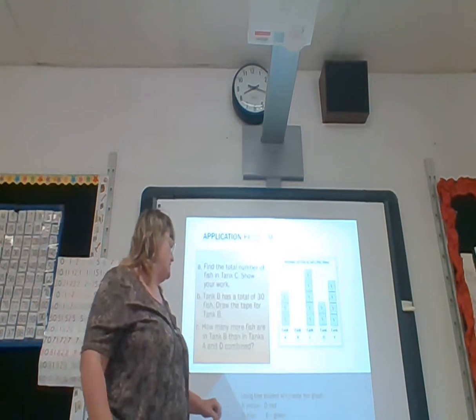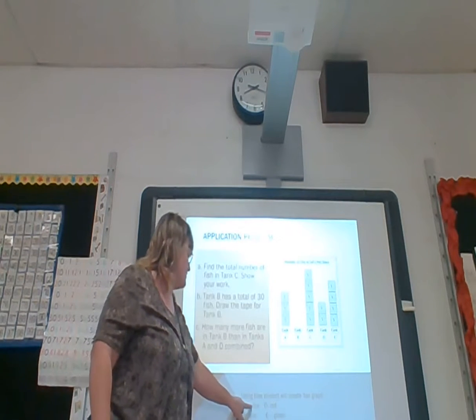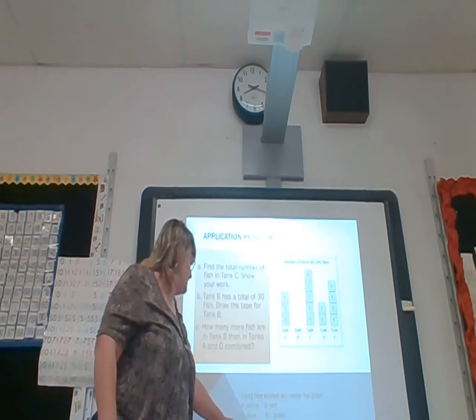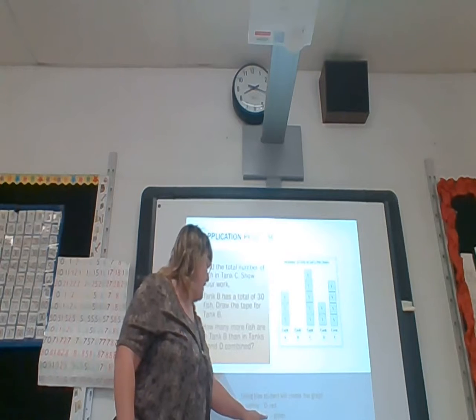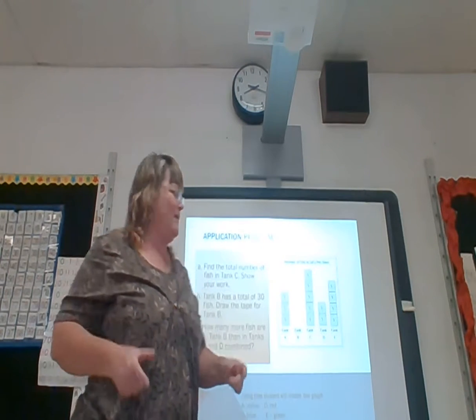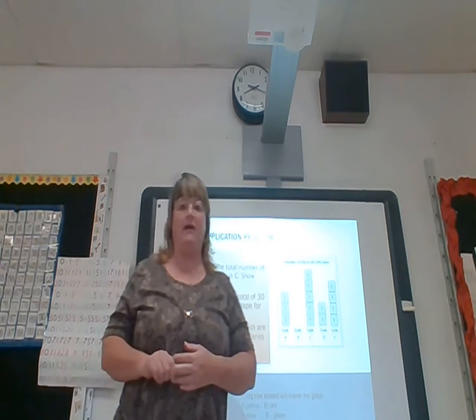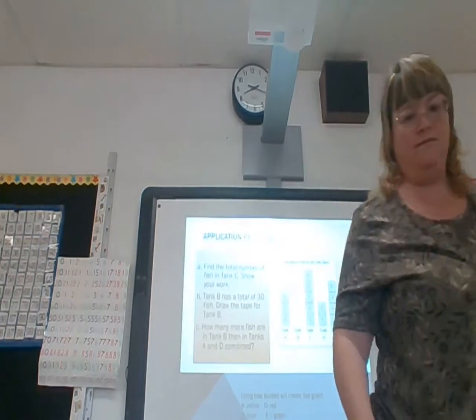That means that you're going to use the tiles to create the bar graph. I have it right here. A is going to be yellow, B is blue, C is orange, D is red, and E is green. So you're going to lay them out just like what they did here, and then we're going to talk about it just a little bit. Okay, ready? Get set? You may begin.